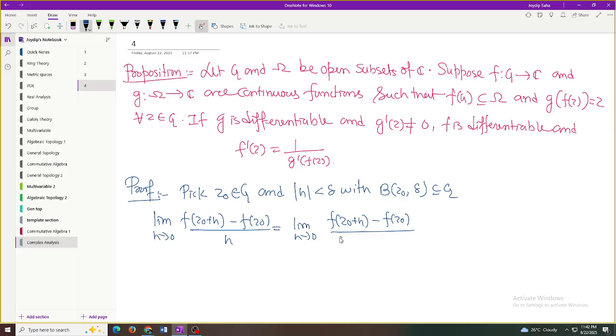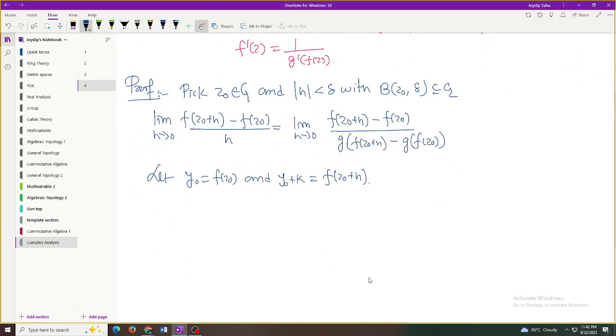Now z0 plus h means g of f(z0 plus h), because g of f(z) is z for all z. Let y0 equal f(z0) and y0 plus k equal f(z0 plus h).